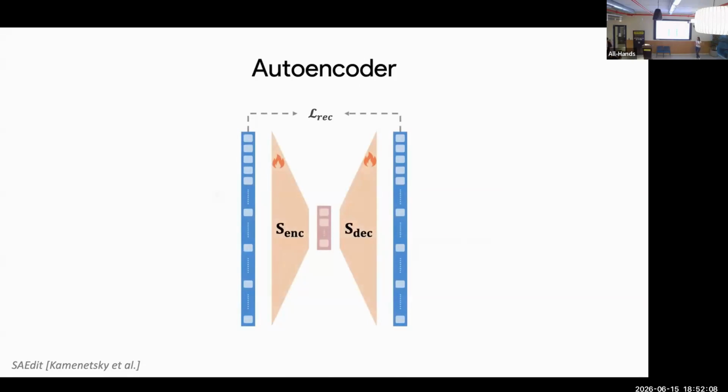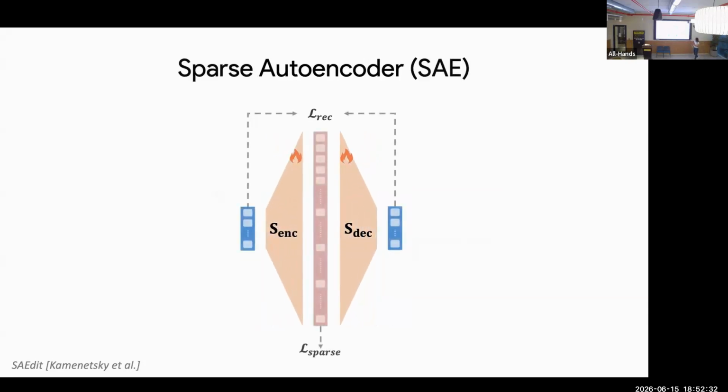I'm sure that all of you know the concept of an autoencoder, which gets as input a vector, compresses it into some latent space, and then decodes it. An autoencoder is usually trained with a reconstruction objective. Our approach in this work was to look at sparse autoencoders.